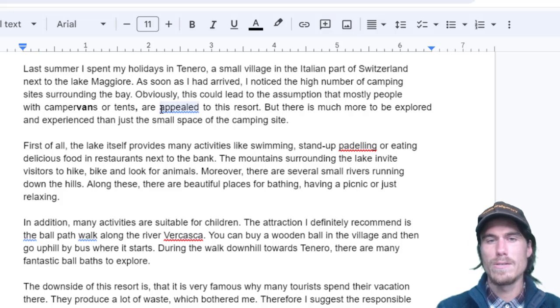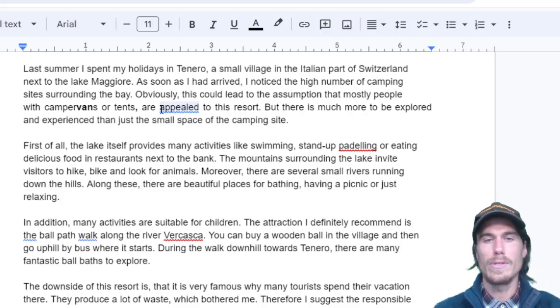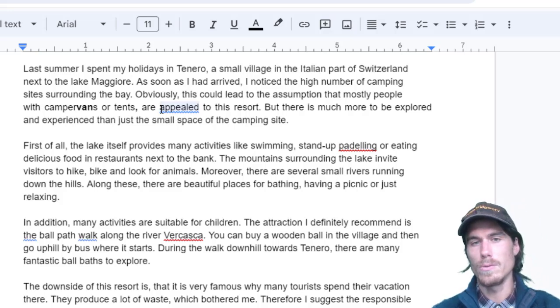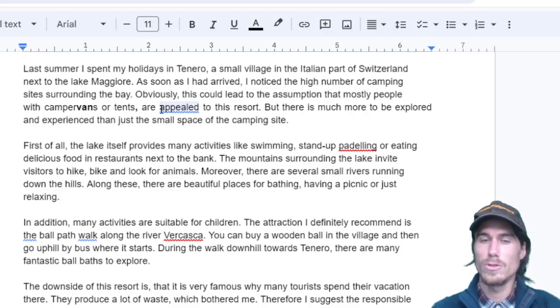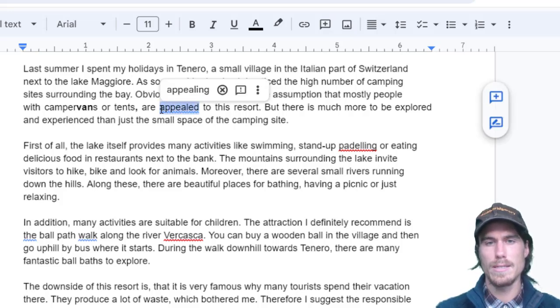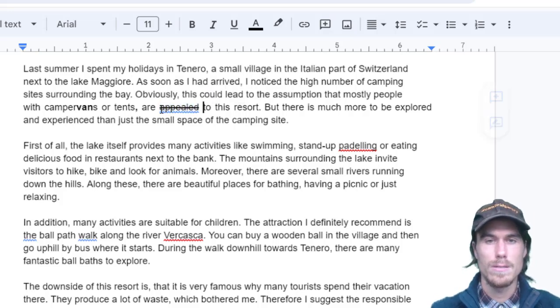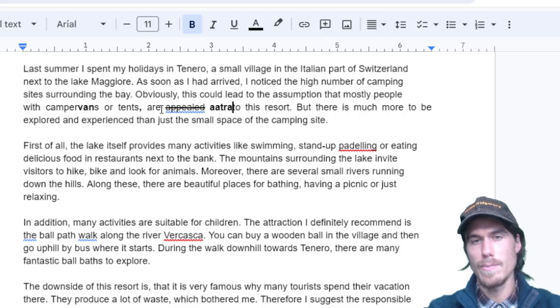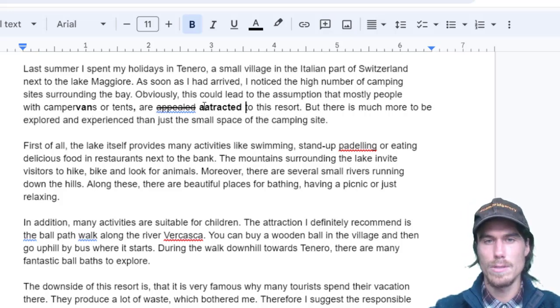We normally say this in the active voice, like this resort appealed to someone. But we don't really use it in the passive. So as an alternative word, you could say, obviously this could lead to the assumption that mostly people with camper vans or tents are attracted. You could use attracted, in the passive voice, to this resort.